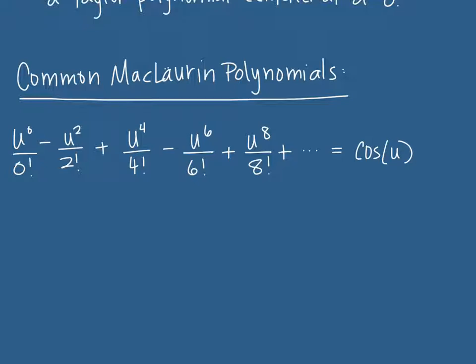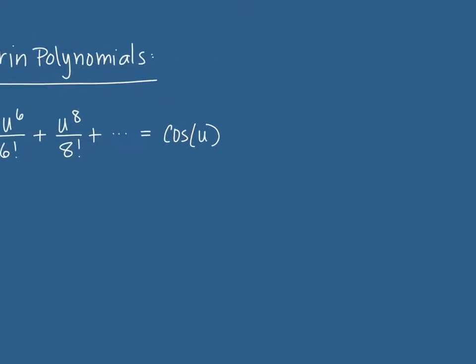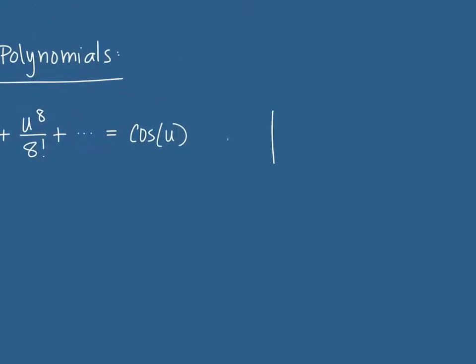This is a memory trick that I use. Can you picture the cosine graph, the function? What kind of symmetry does that have? The cosine graph is symmetric like this. What's the name of that kind of symmetry?